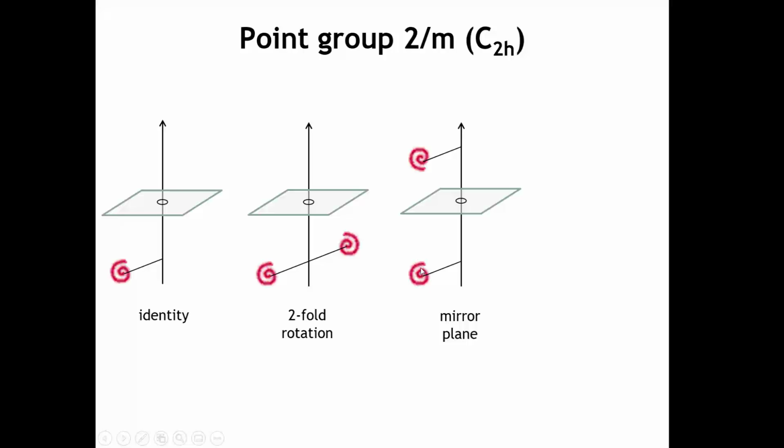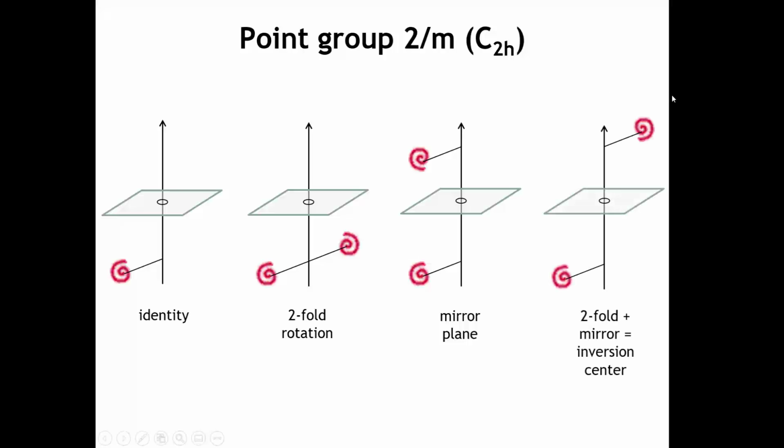And then because of the property of closure, if we were to do 2 operations in a row, we have to get a picture that we could get to in one operation. So let's imagine that we did the mirror plane first, and then we did a twofold rotation. That would create another object here.